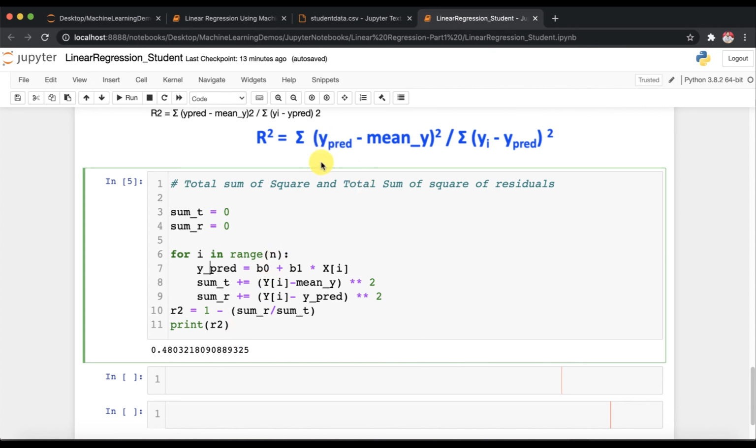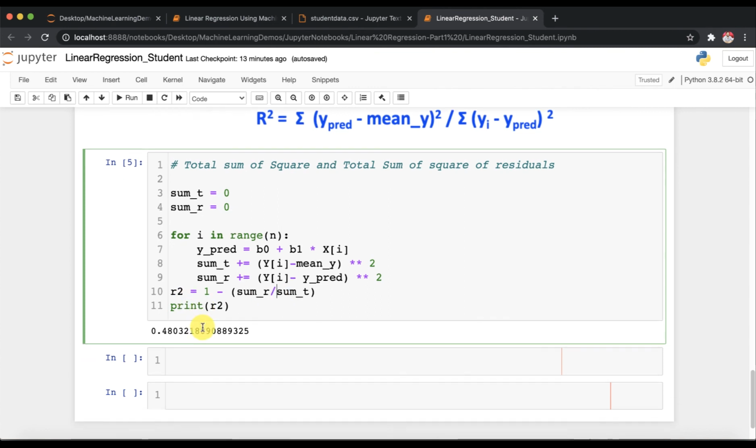In this formula we use y predicted minus the mean of y, whole square. Here again we have already calculated the mean. And the sum of squares of residuals equals the sum of yi minus y predicted, whole square, right? If you take 1 minus this division, then you will get the score of r square, and that is 0.48, right? So this is our answer.